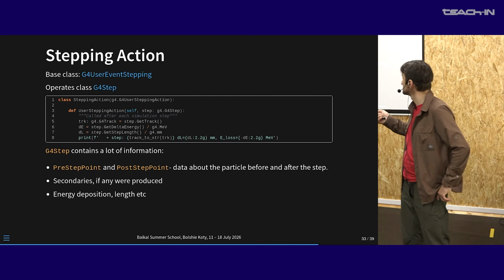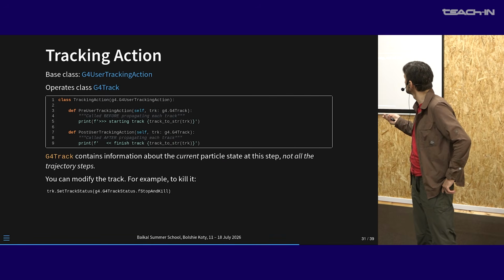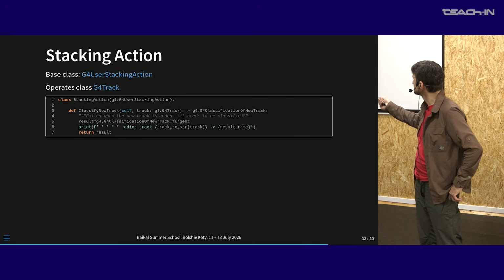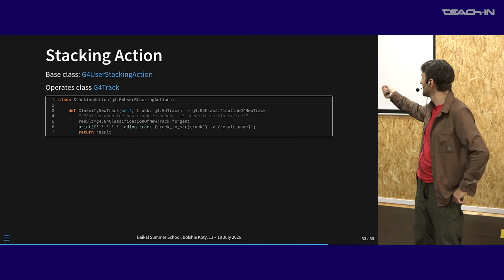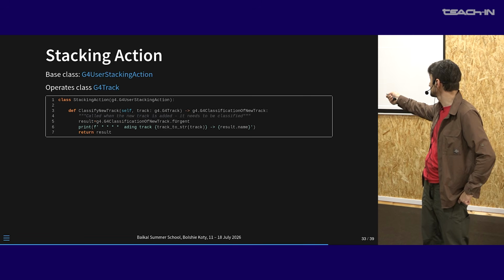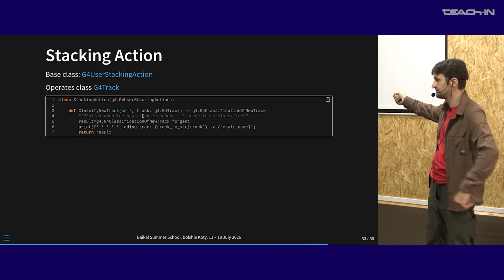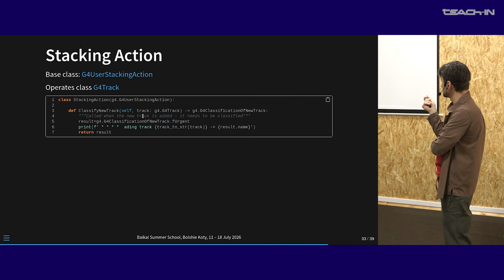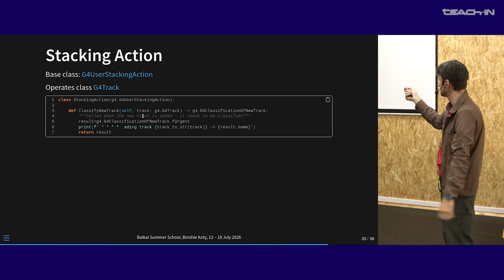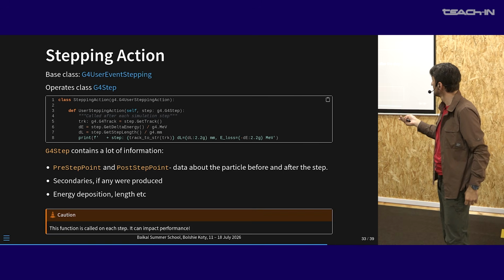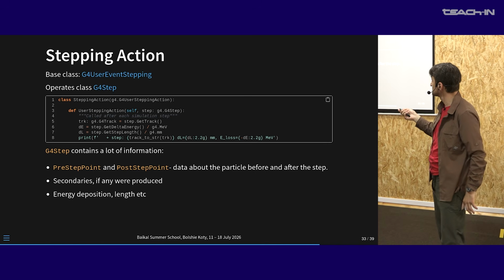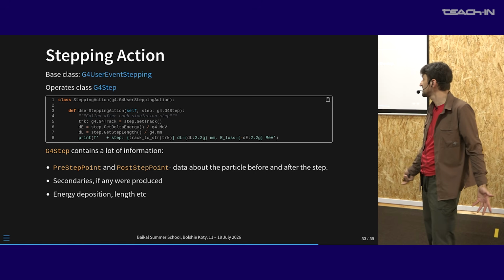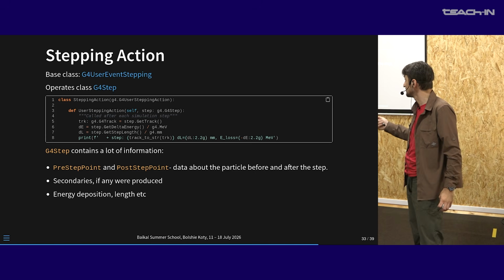Okay, so this is this. Sorry, I lost it. Yes, sorry, they got mixed. This is a stacking action. We classify the new track. Okay, and the default result is urgent. And finally we get the stepping action, and it just gets called on every simulation step and contains a lot of information.